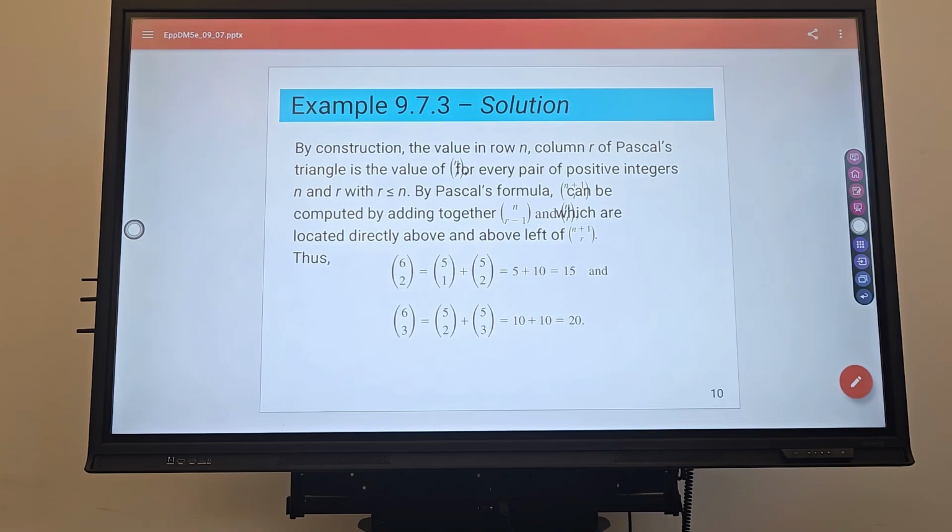By Pascal's formula, n plus 1 choose r can be computed by adding together n choose r minus 1 and n choose r, which are located directly above and left of n plus 1 choose r. Thus, 6 choose 2 is 5 choose 1 plus 5 choose 2, and 6 choose 3 is 5 choose 2 plus 5 choose 3, or 15 and 20 respectively.